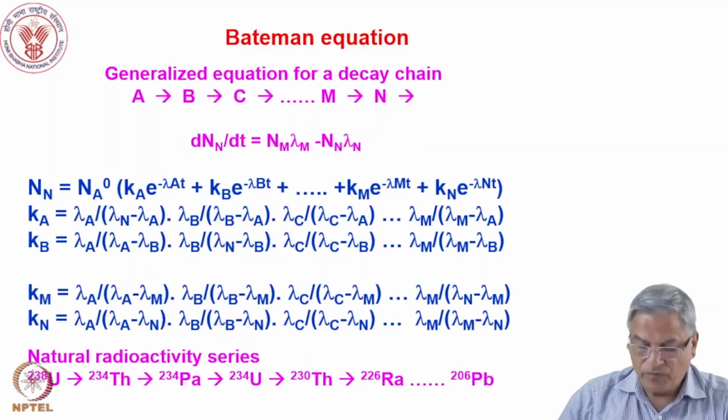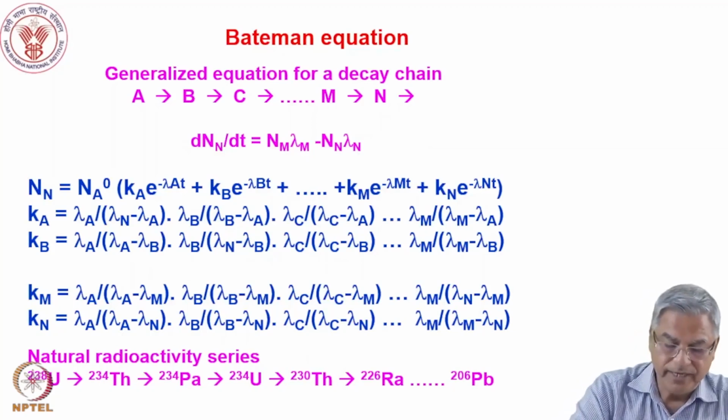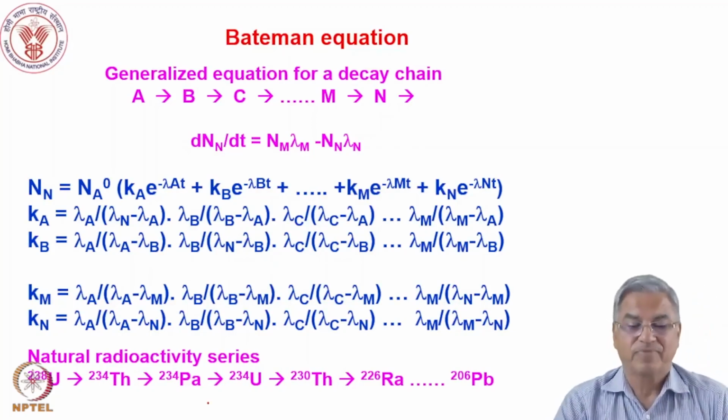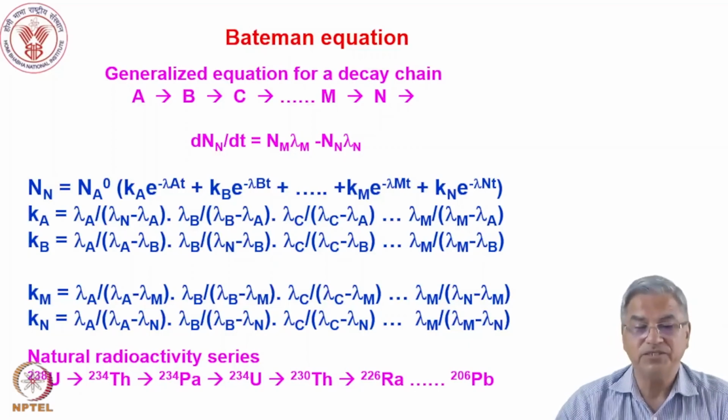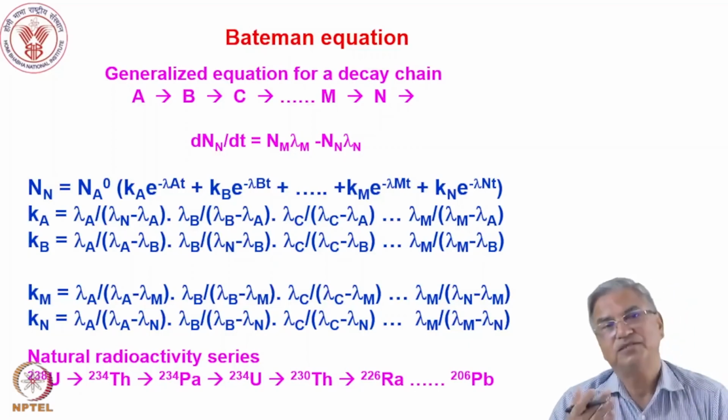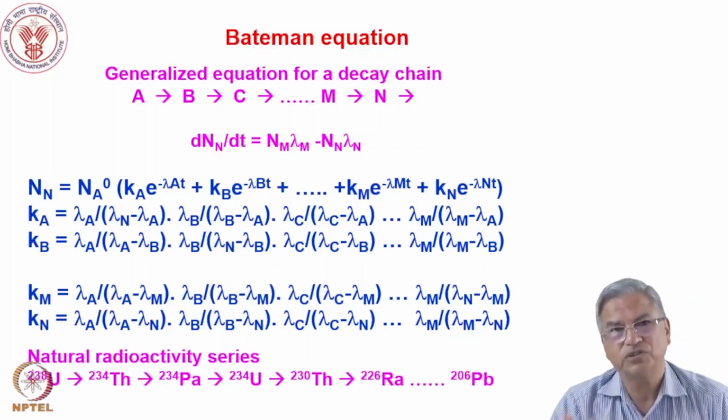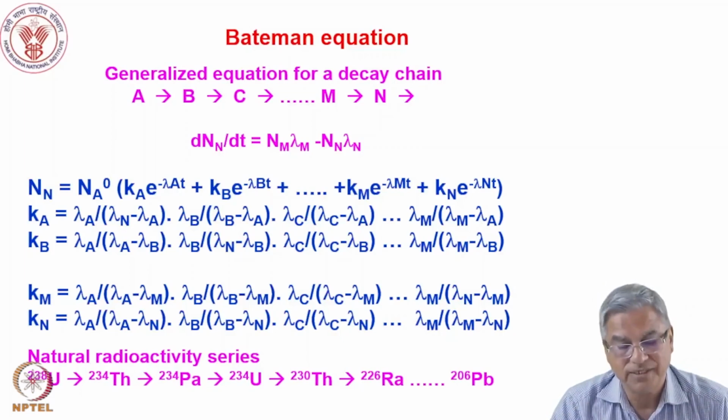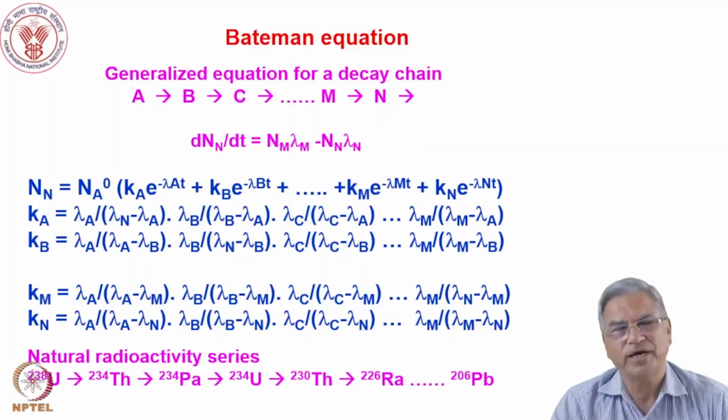To extend this further into a large series like the natural radioactive series, this condition was there in the early 20th century when scientists were trying to separate the daughter products from the natural radioactive series. There are a number of decays; as I mentioned, 238 uranium undergoes 8 alpha and 6 beta decays to 206 lead.